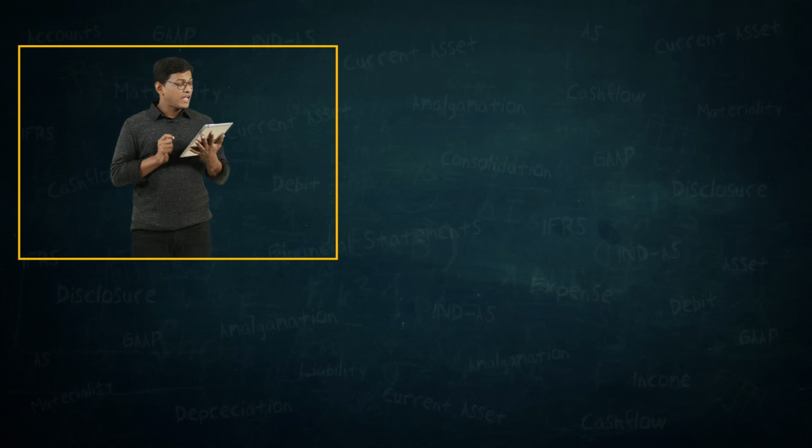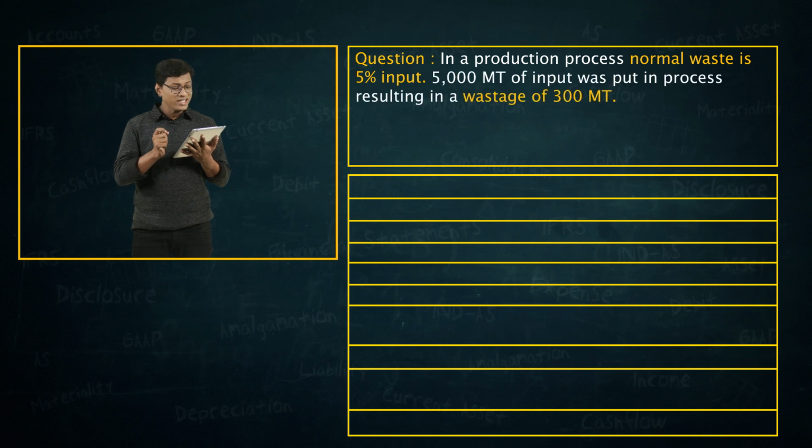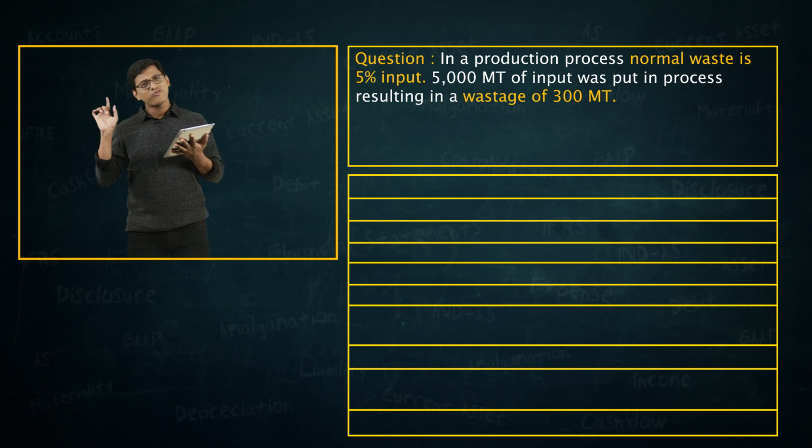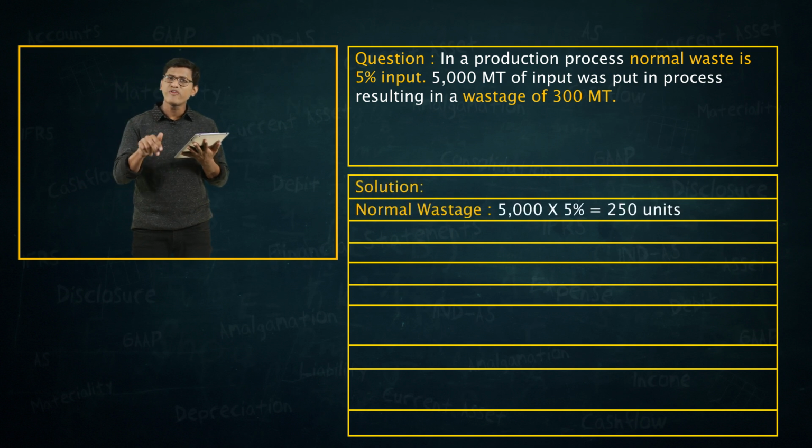Next question. In a production process, normal waste is 5% of input. 5,000 metric tons of input were put in process, resulting in a wastage of 300 metric tons. Tell me one thing, if 5,000 metric tons is put in the process at 5% normal wastage, the wastage should have been 5% of 5,000, that is 250 metric tons.